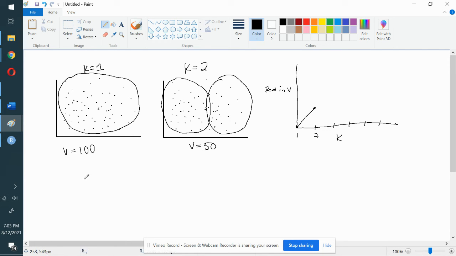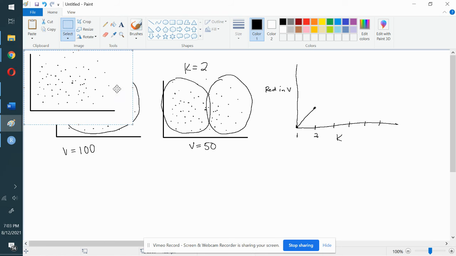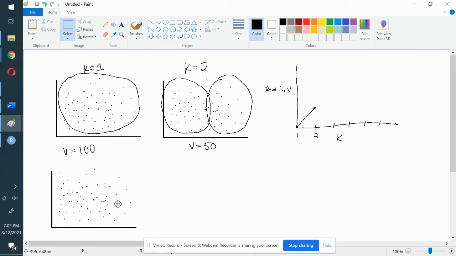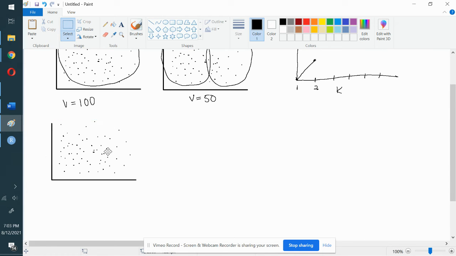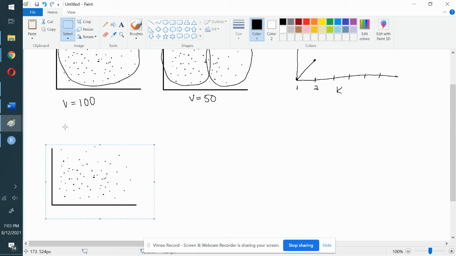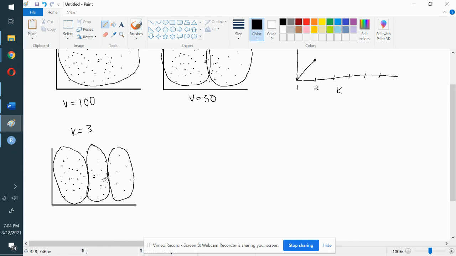Now let's try a third. All right, so this one is k equals 3. And again, I'm just going to kind of estimate these. Now looking at these, you probably are going to have a smaller variance.